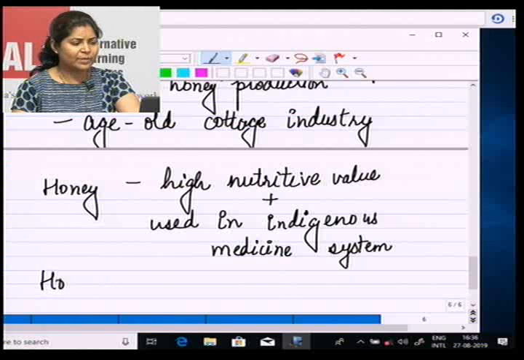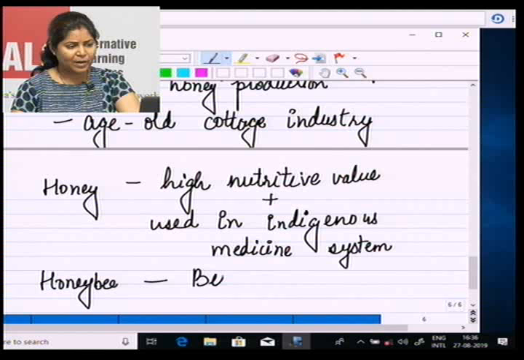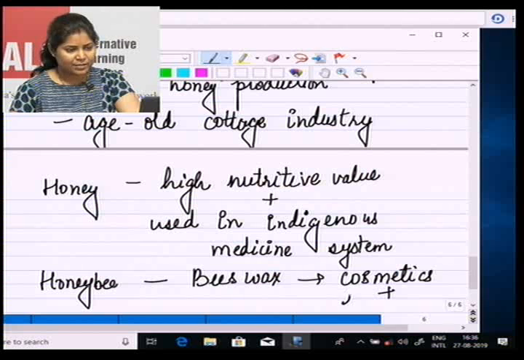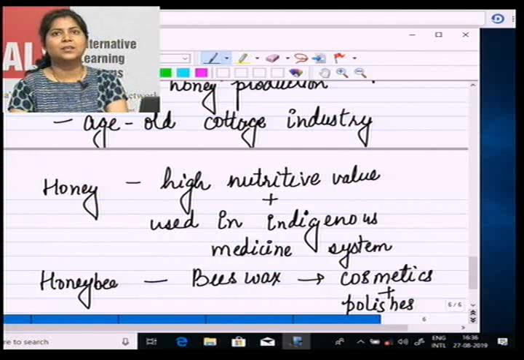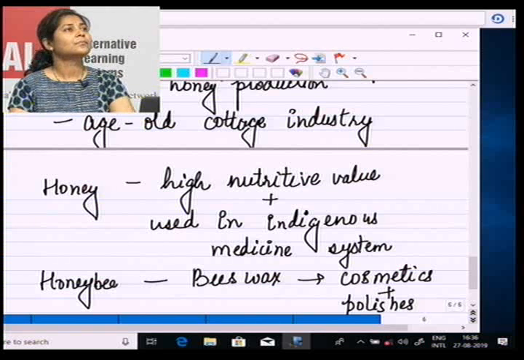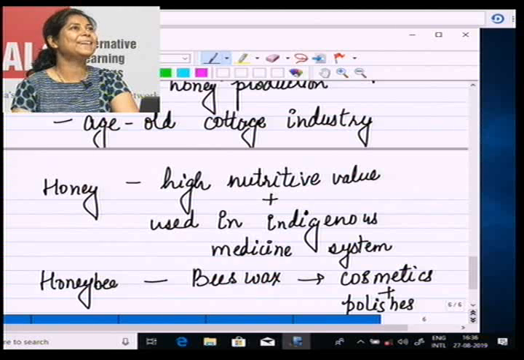So what does the honeybee give you? Any answer? Honeybee gives you, apart from honey, beeswax. And how do you use beeswax? You use it in cosmetics and polishes, isn't it? Yes, face cleanser.